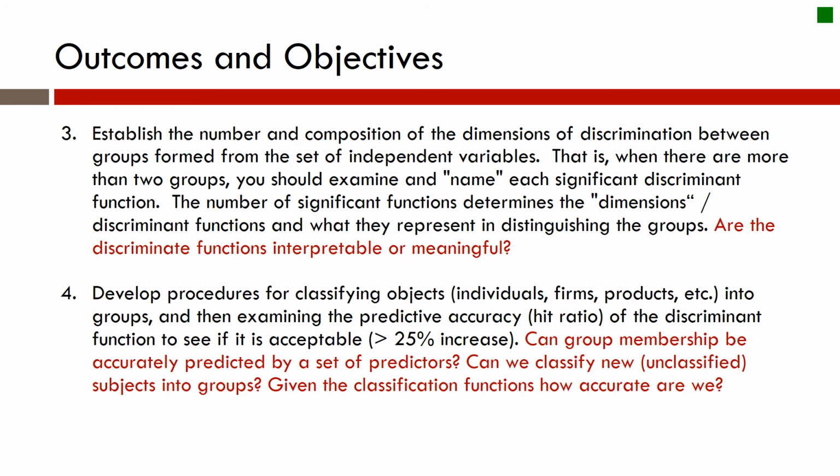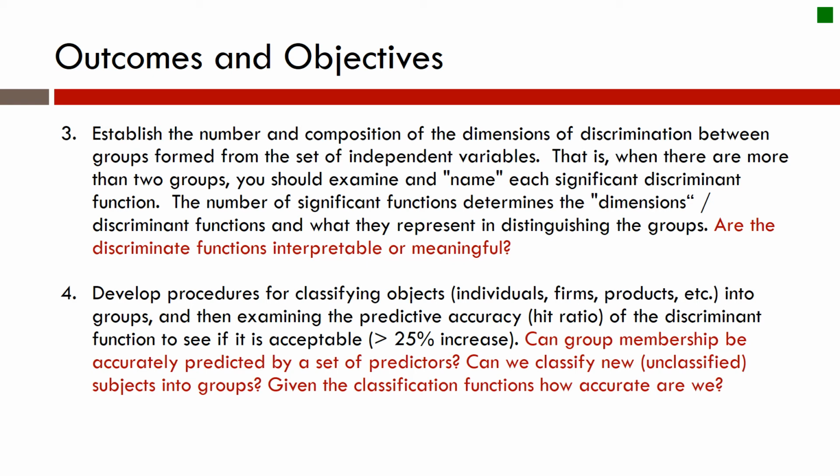And finally, number 4 here, we want to be able to develop a procedure for classifying objects into their groups for a predictive measure down the road. So like we have the data, and this is data that exists presumably, and we know based on this data that certain individuals fall into certain groups based on their z-scores. Moving forward, we want to predict what objects in the future will be in what groups, without knowing what their actual behavior or actual group designation is in advance.